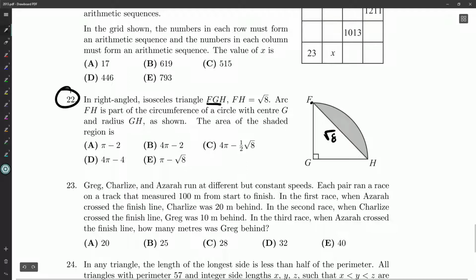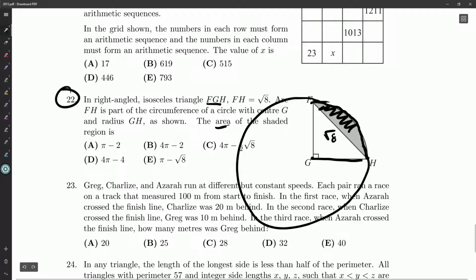Arc FH, so this arc here, is part of the circumference of a circle with center G. So if we were to draw a full circle with center G, part of it would line up with this arc going from F to H. And so radius GH here is shown. The area of the shaded region is what?